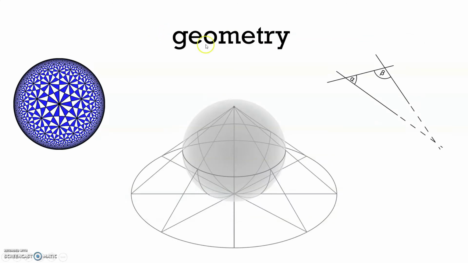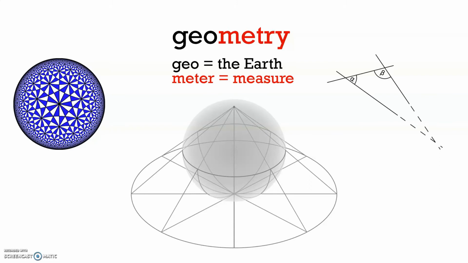So again, geo is the earth, and metry, this is a form of meter, which means measure. So when we study geometry, we are studying how to measure different features of the earth or different shapes on the earth. And the Japanese is kikagaku.